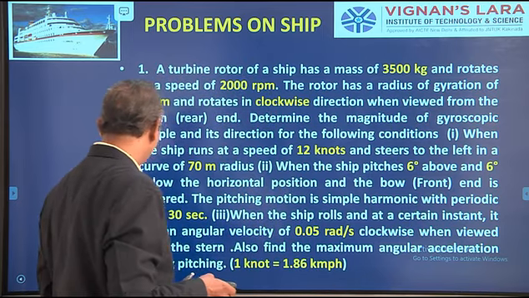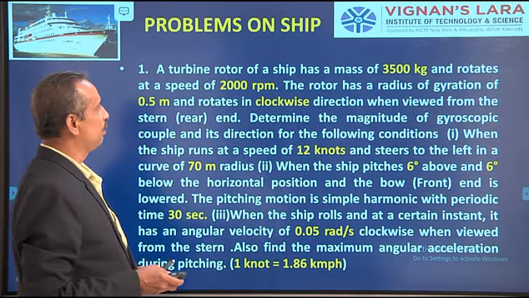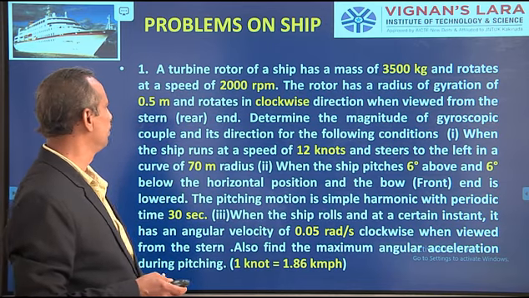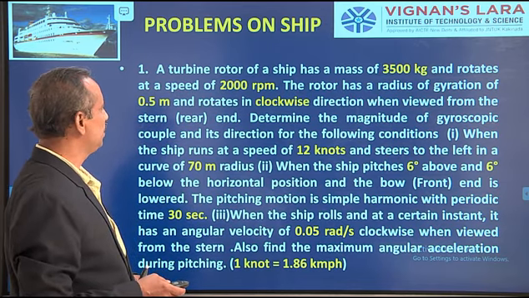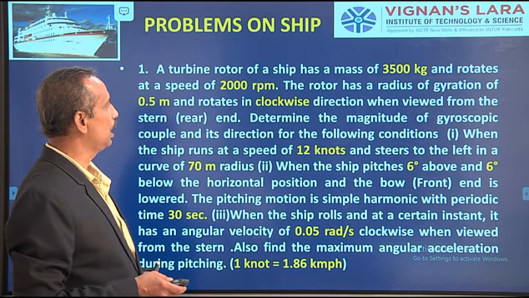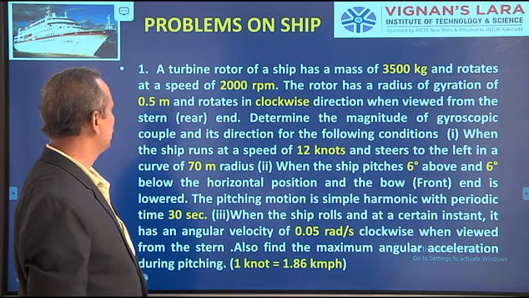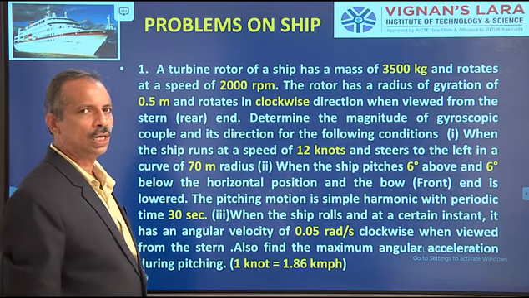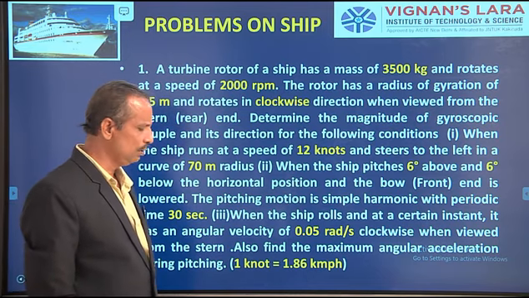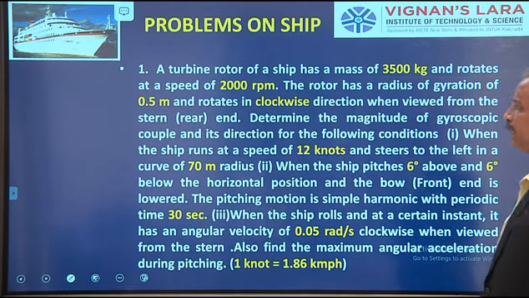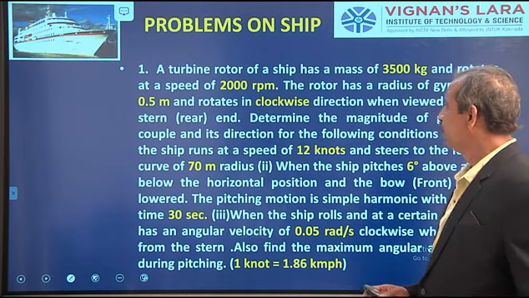A turbine rotor of a ship has a mass of 3500 kg and rotates at a speed of 2000 rpm. The rotor has a radius of gyration of 0.5 meters and rotates in clockwise direction when viewed from the stern, that is nothing but the rear end.